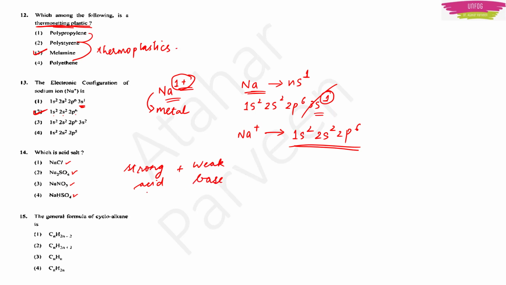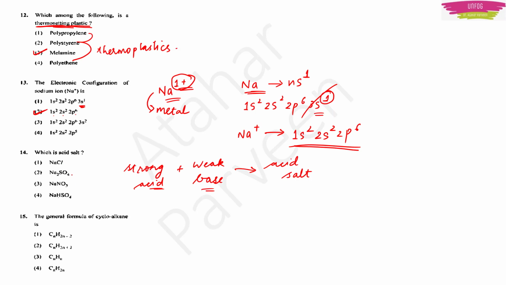After the reaction of this acid and base, we have a neutralization reaction and then we have an acidic salt or acid salt. Now if we look at these options, we have NaCl, Na2SO4, NaNO3 and NaHSO4.